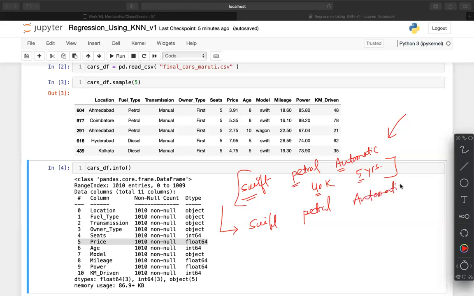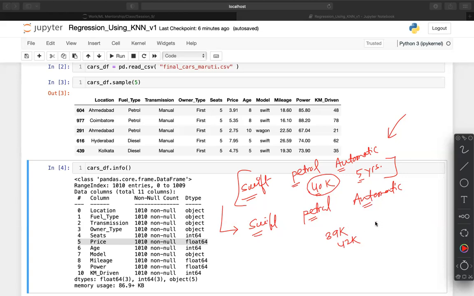Let's say we have some samples which are similar: the same model, the same fuel type, and the same transmission type. But maybe we don't have examples which are driven exactly 40,000 kilometers. Maybe there are cars which are 39,000 kilometers or 42,000 kilometers, which are very near to this particular car.